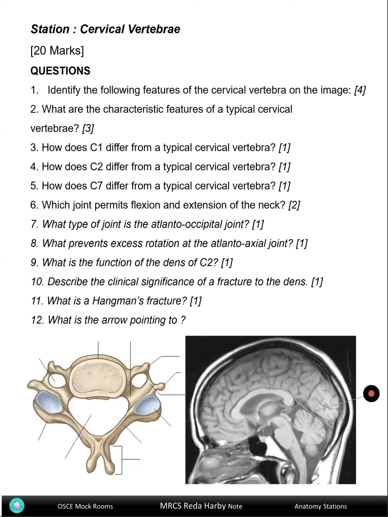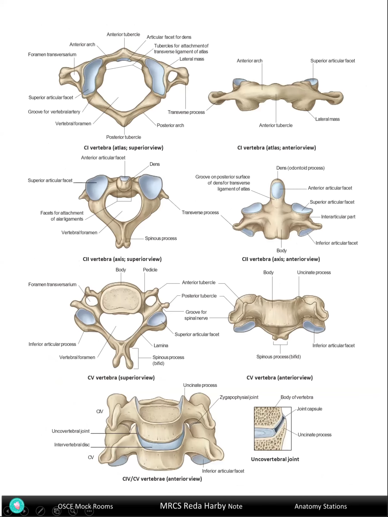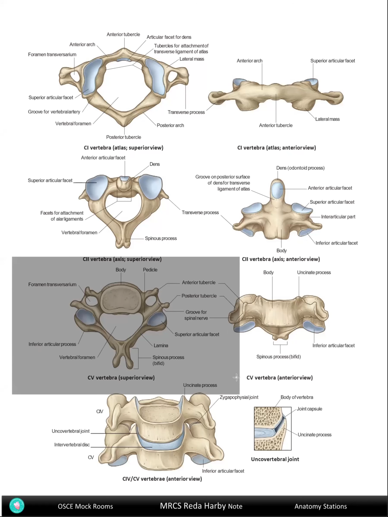A typical cervical vertebra has a vertebral body, has the transverse process that contains the foramen transversarium, and it has a triangular vertebral canal and also a bifid spinous process.